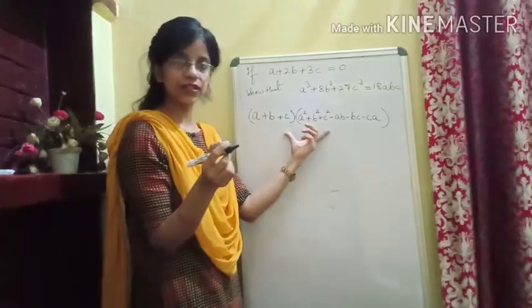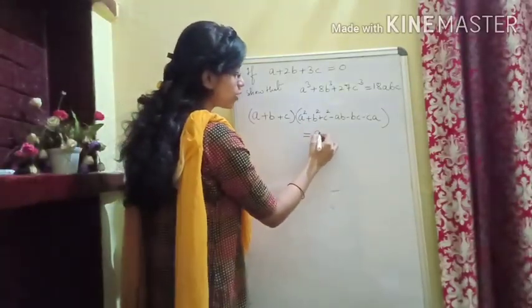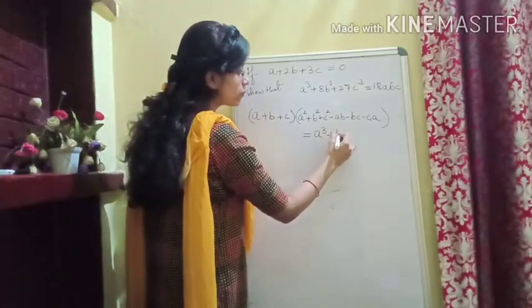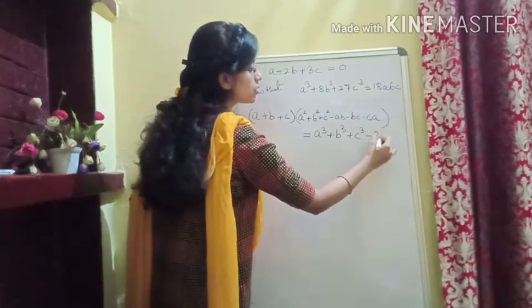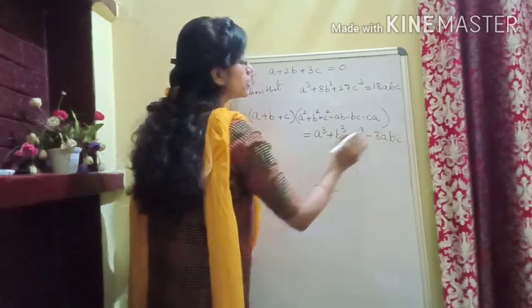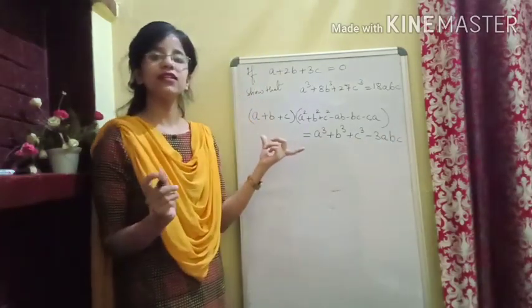This equals A cube plus B cube plus C cube minus 3ABC.